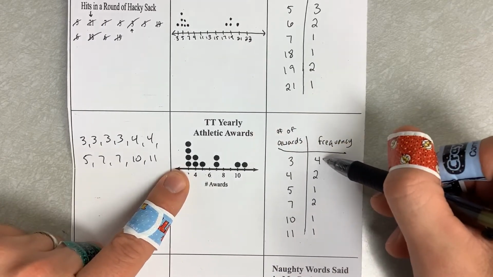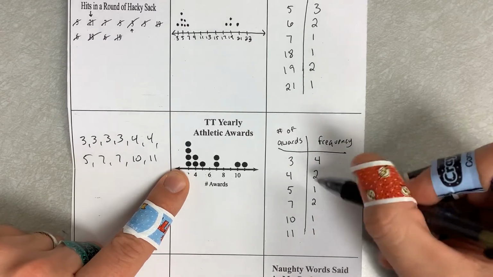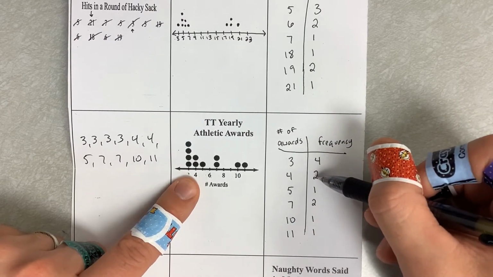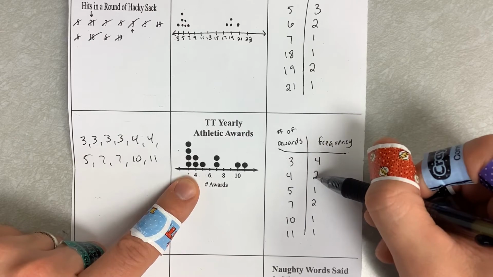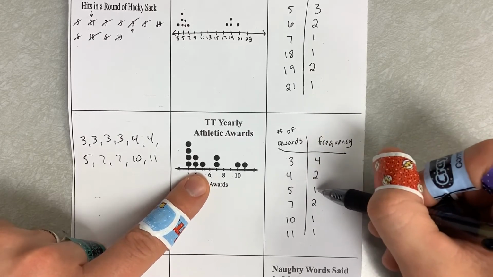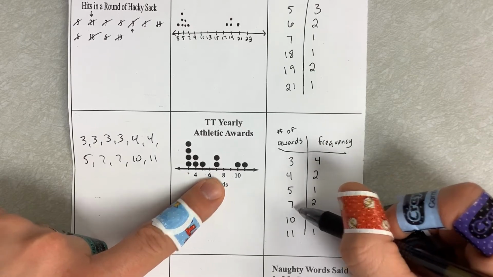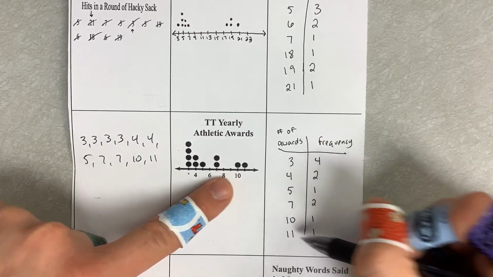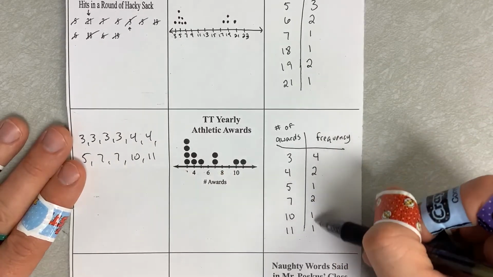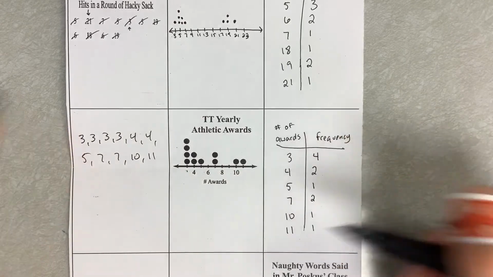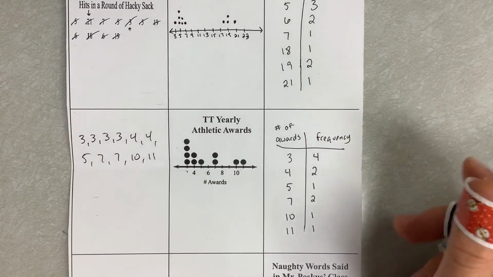I put 4 for my frequency because there's four 3s. Two 4s, so I put 2 for my frequency. When it comes to 5, there was one of them, so one 5. There were two 7s, one 10, one 11. So again, this is the number of times you've seen the number, and this is the kind of numbers that you see, if that makes sense to you guys.